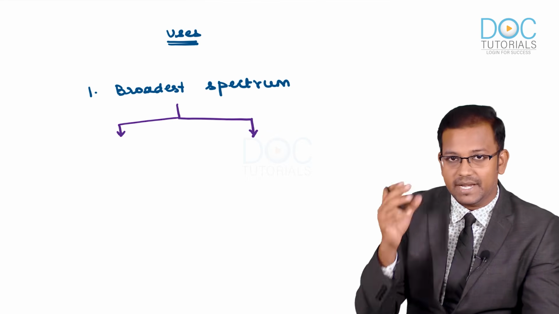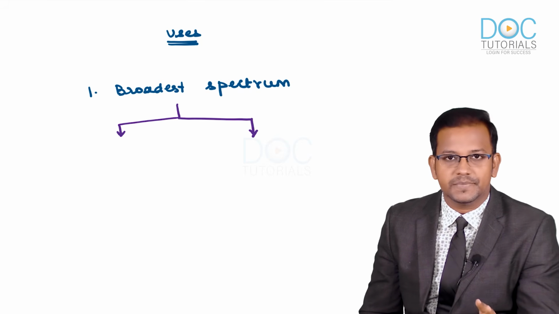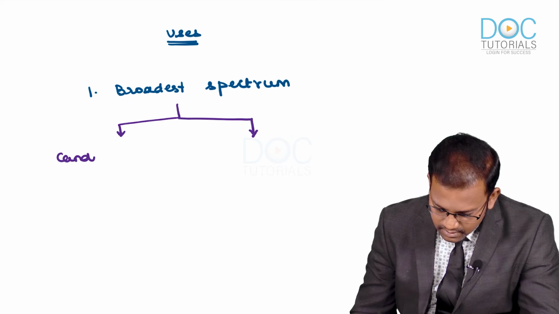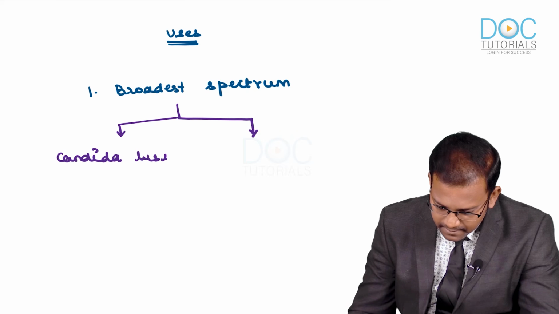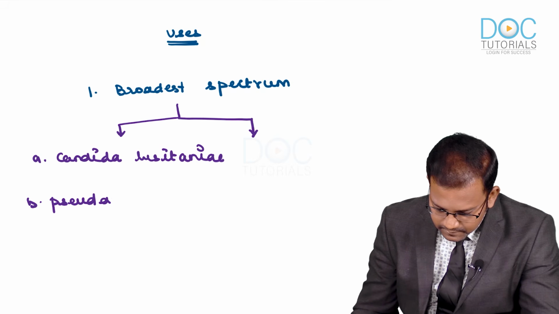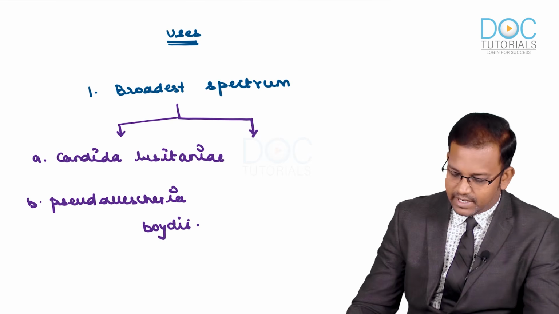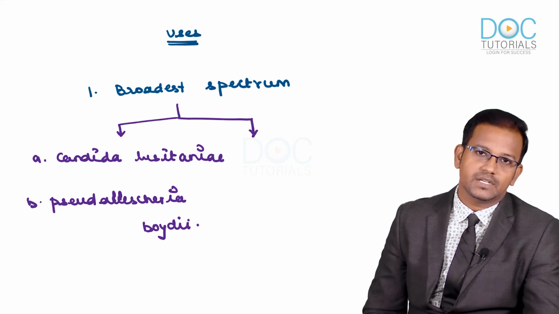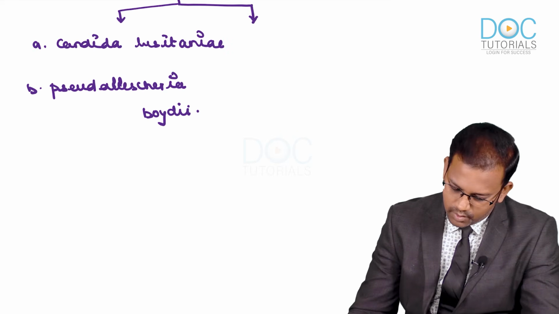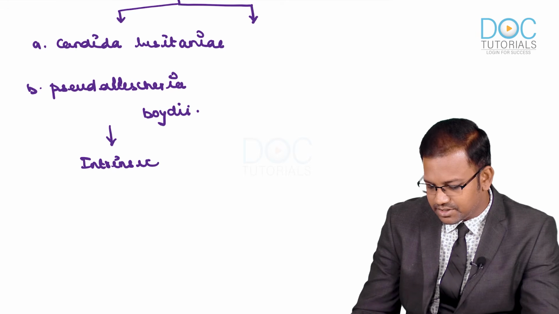It acts against many different fungi, but it is not going to be useful against two major species: Candida lusitaniae and Pseudallescheria boydii. In these two different fungi, this drug is not going to be effective because these two fungi are intrinsically resistant to amphotericin B.